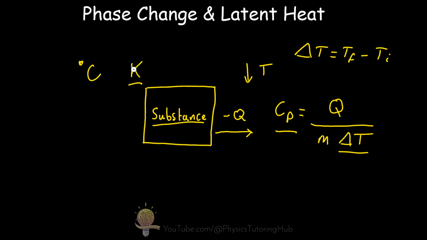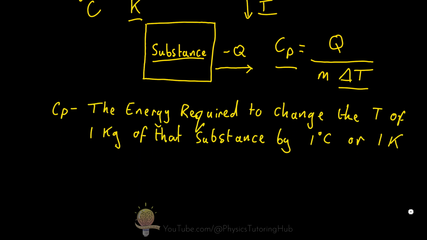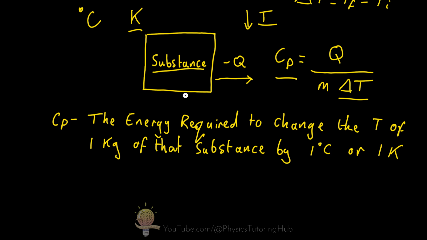And a difference of 1 Kelvin and a difference of 1 degree Celsius is the same thing. And to find out the change in temperature of this substance when we add or remove energy, we can rearrange this equation.